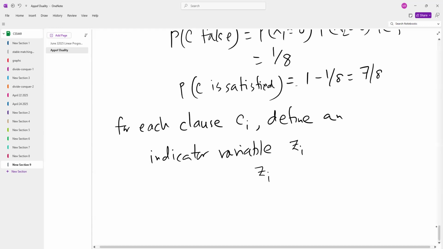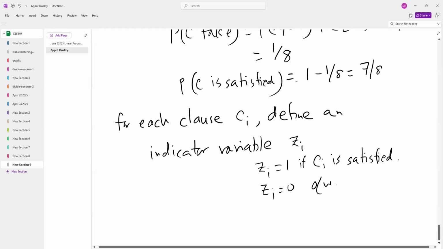We say that Zi is 1 if Ci is satisfied, and Zi equal to 0 otherwise. Okay?